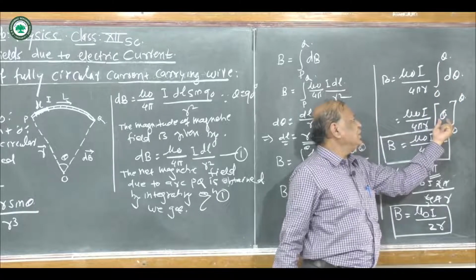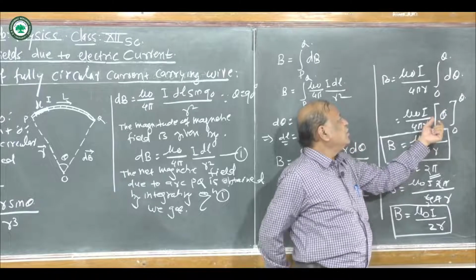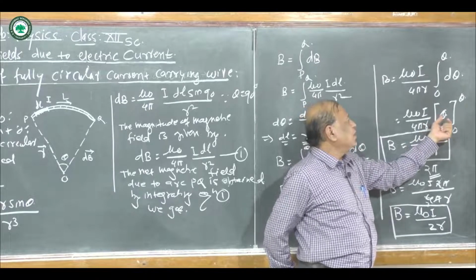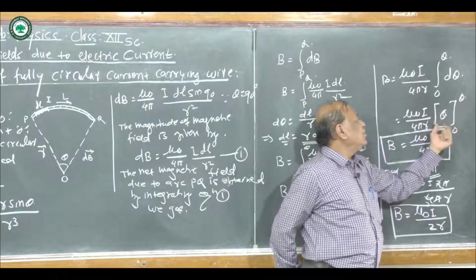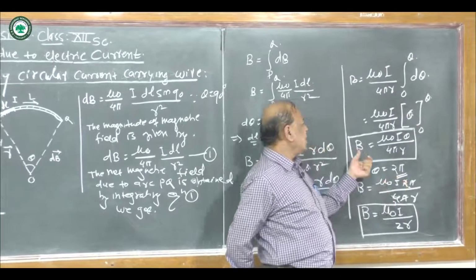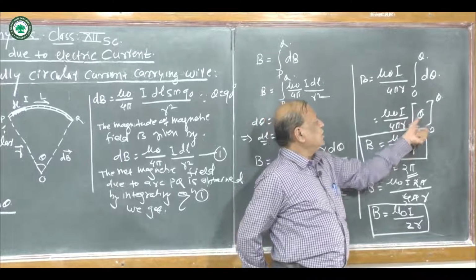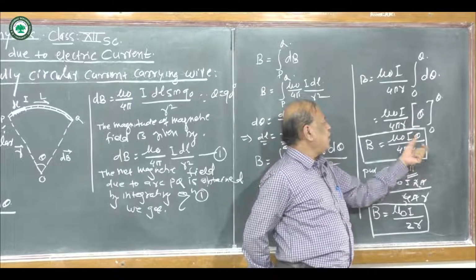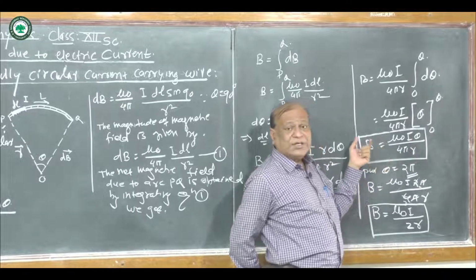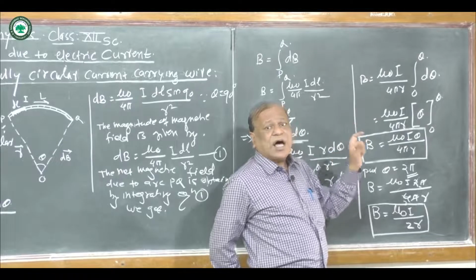Integration of d theta is theta, with limit from 0 to theta. First put the value theta, then minus 0. The last term is 0, and the equation becomes B is equal to mu 0 I theta divided by 4 pi r. This is the magnetic field produced by the circular arc.